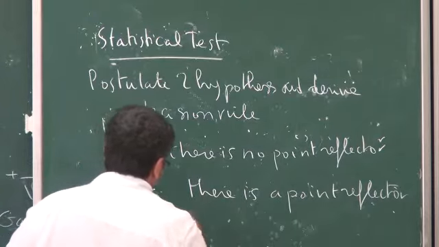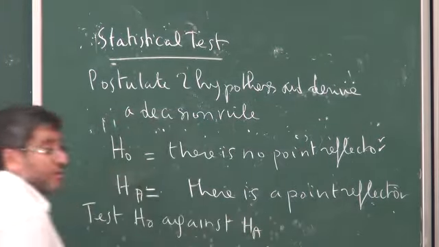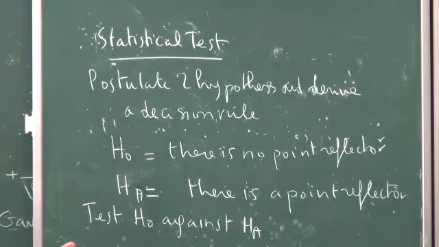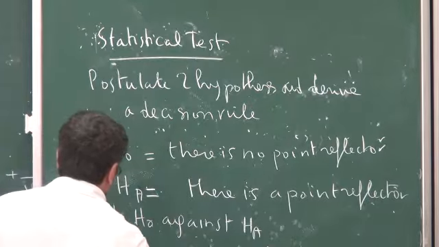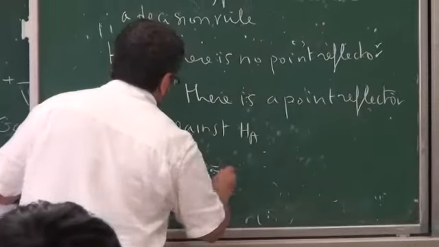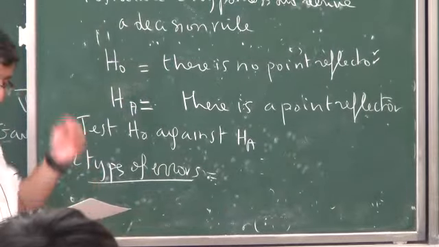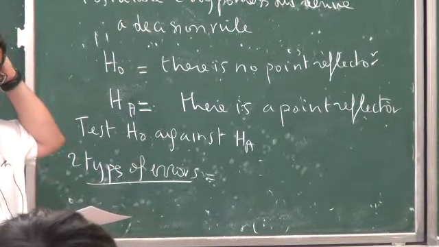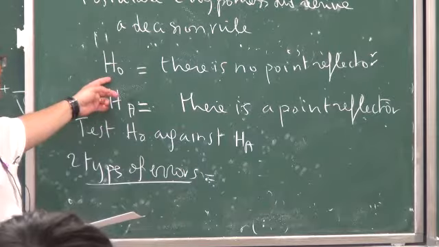There are two types of errors. What's the first error? We reject H0 when it's true.